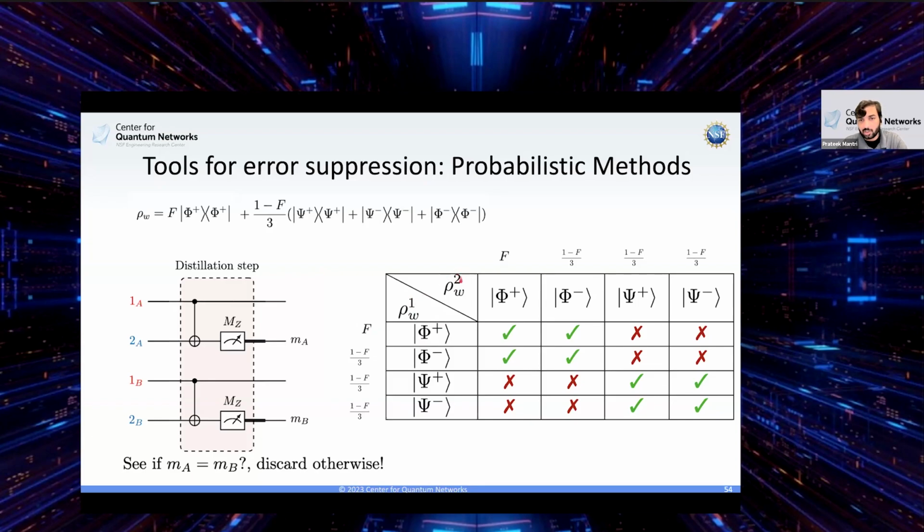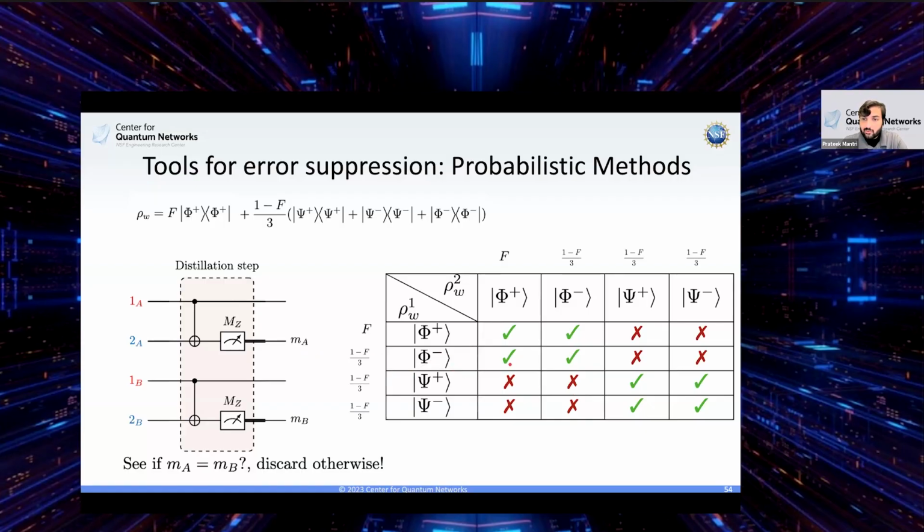The superscript over here is the second Bell pair. And if both of them were phi plus, the probability of having phi plus is f. So on this axis, we have all these different probabilities written. We keep these states if we had a matching outcome. The tick marks represent that we kept the state, and the cross marks represent that we discarded the state based on these measurement outcomes.